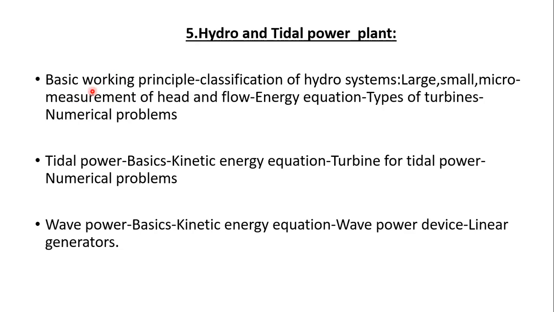Depending upon the energy source we are using, different names will exist. First, by using water, we call it a hydropower plant. If you use tides of the oceans or seas, we have the name tidal power plant. And if you use wave power, it is called a wave power plant.